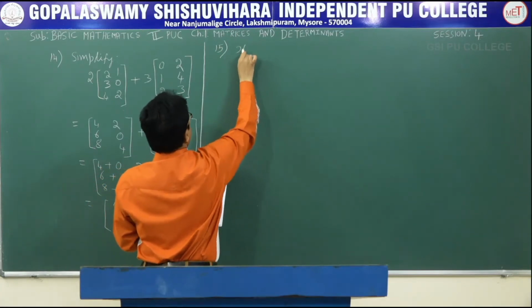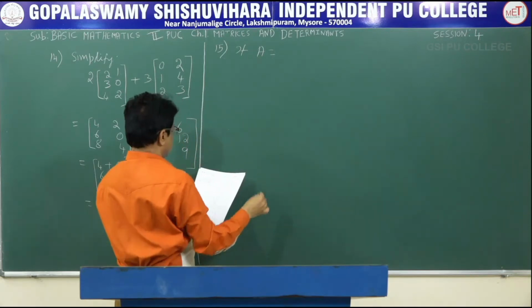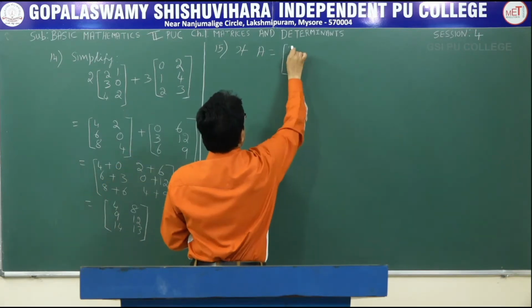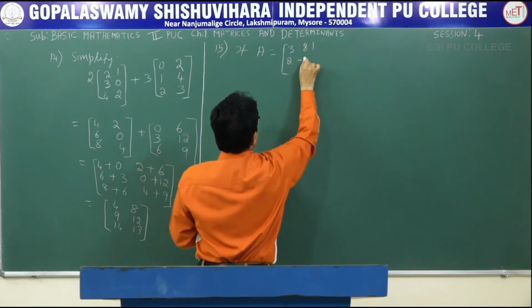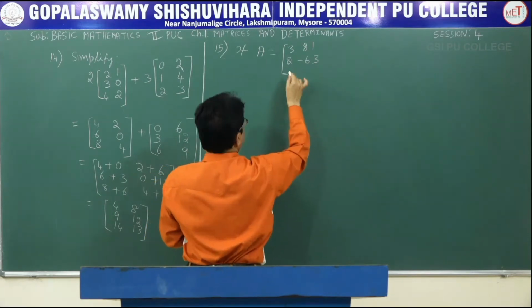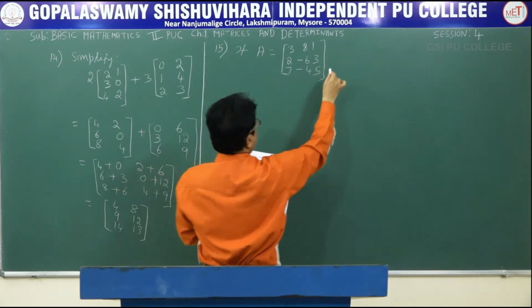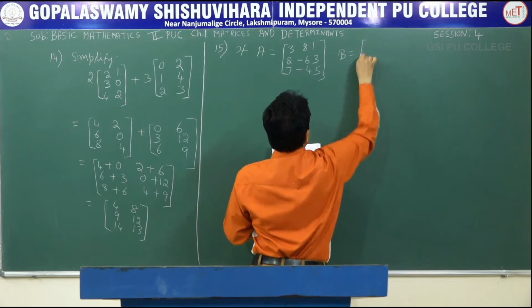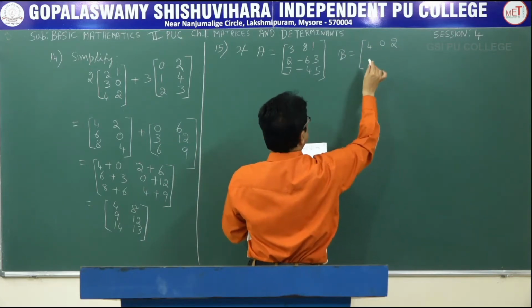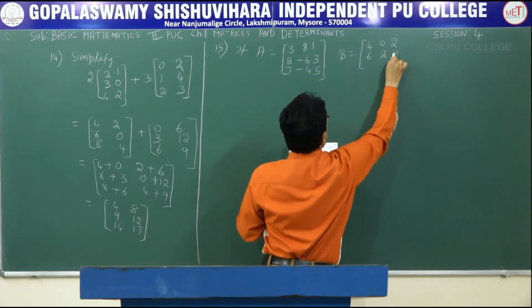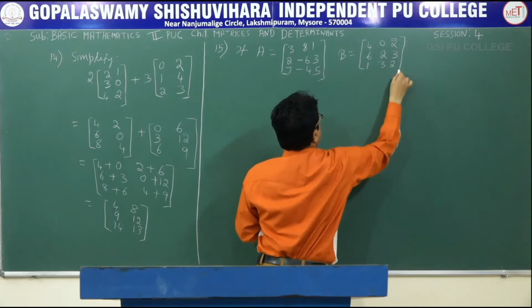If A equals [3 8 1; 2 -6 3; 7 -4 5], B equals [4 0 2; 6 2 3; 1 3 2].